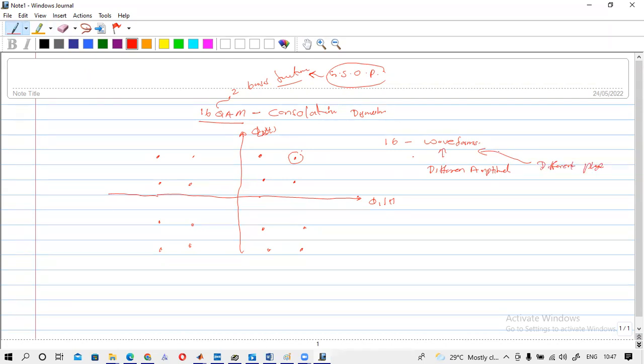The frequency is the same. All the waveform frequencies are the same, so we have only one frequency, and that frequency is in the RF range. So we have 16 waveforms for 16 QAM, and each waveform will have a different amplitude and a different phase.